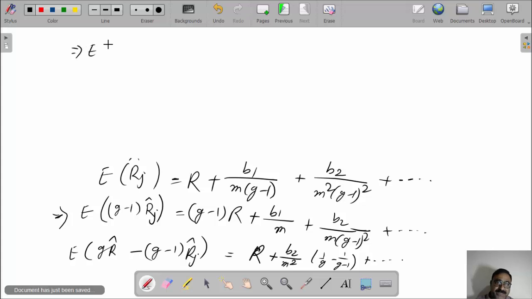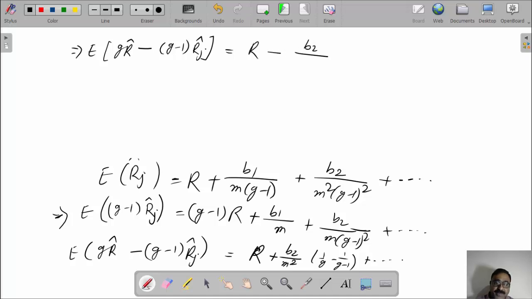That implies expectation of g r cap minus g minus 1 r_j cap is equal to r minus b2 by m square g into g minus 1, by neglecting the higher terms.